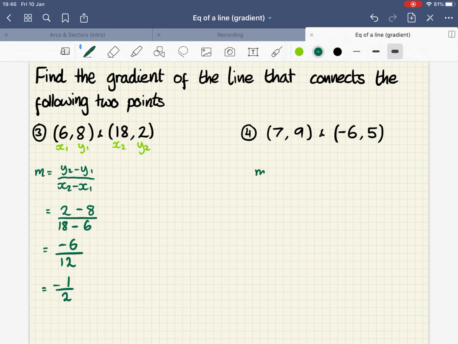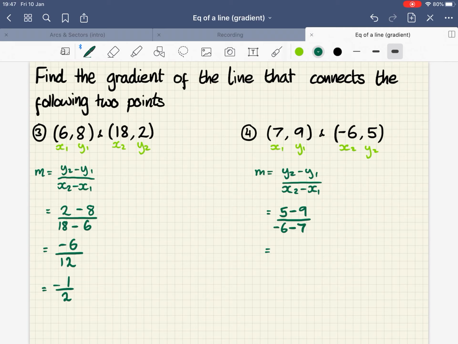Okay, next one, again, writing out my formula, y2 minus y1 all over x2 minus x1. That's my x1, that's my y1, that's my x2, that's my y2. So I now have 5 minus 9 all over negative 6 take away 7.